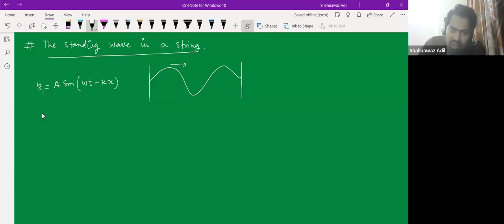So what would be the other wave then? What would be the other wave? This is getting reflected by the rigid boundary. So from this boundary, you will get another wave, right? So this is the reflected wave, and this is the incident wave.